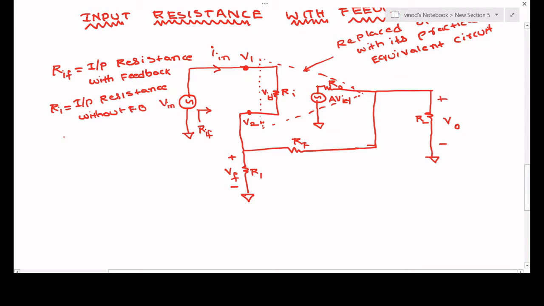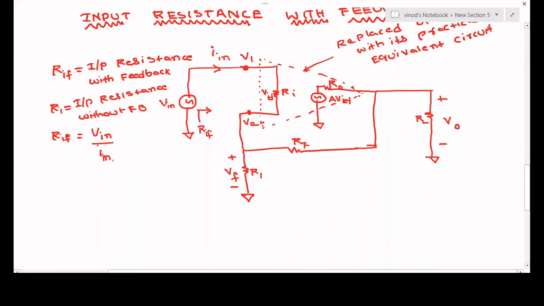So RIF, how is it defined? RIF is nothing but the ratio of the input voltage with feedback to the input current that is flowing due to this input voltage. So RIF is nothing but the ratio between VIN and IIN, the input voltage and input current.